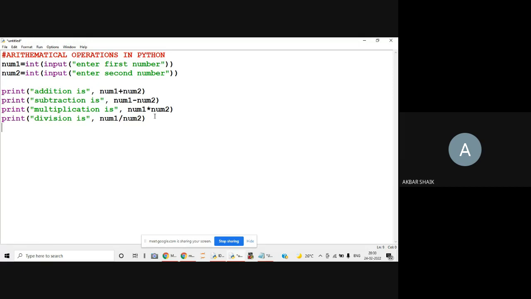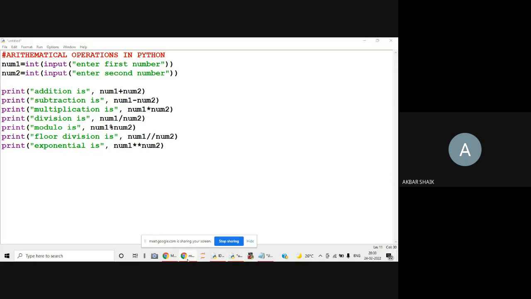Next, modulo is number one mod number two. Next, floor division is number one double slash number two. Next, exponential is number one double star number two.